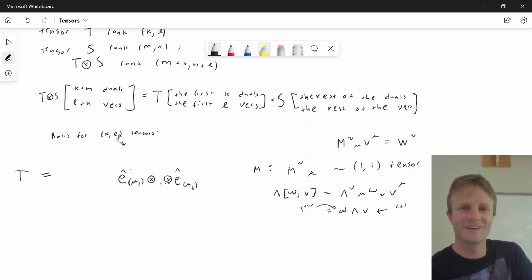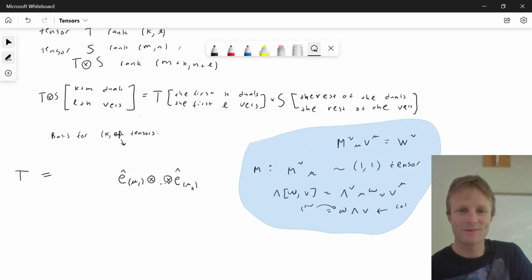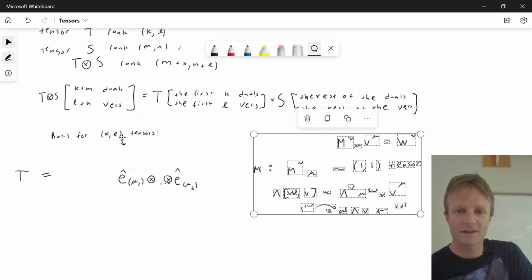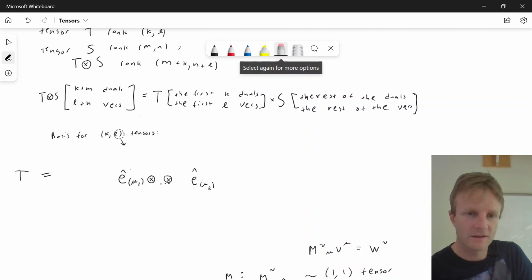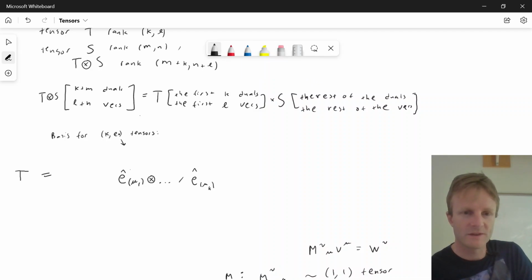I'll get much faster at using this setup as we go along. Now I can get my tensor product written out nicely so you can all read it. So I'm tensoring all this together.